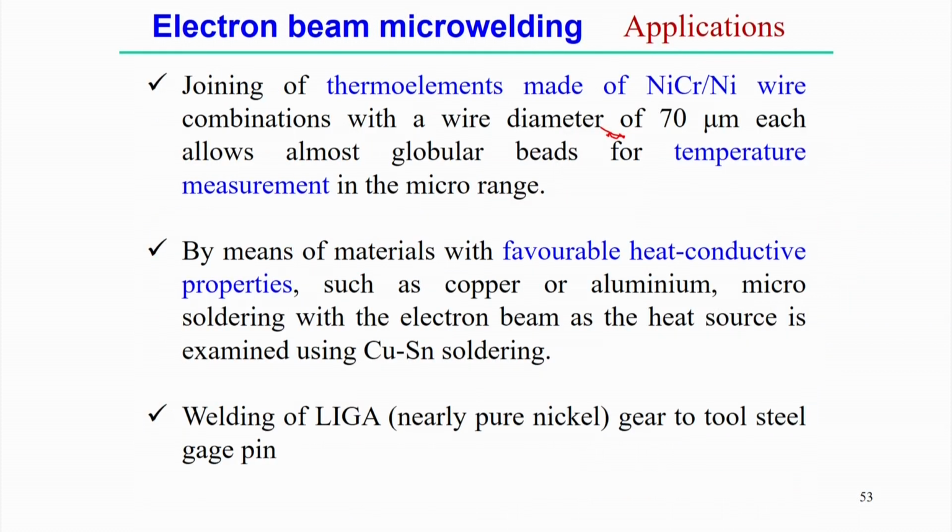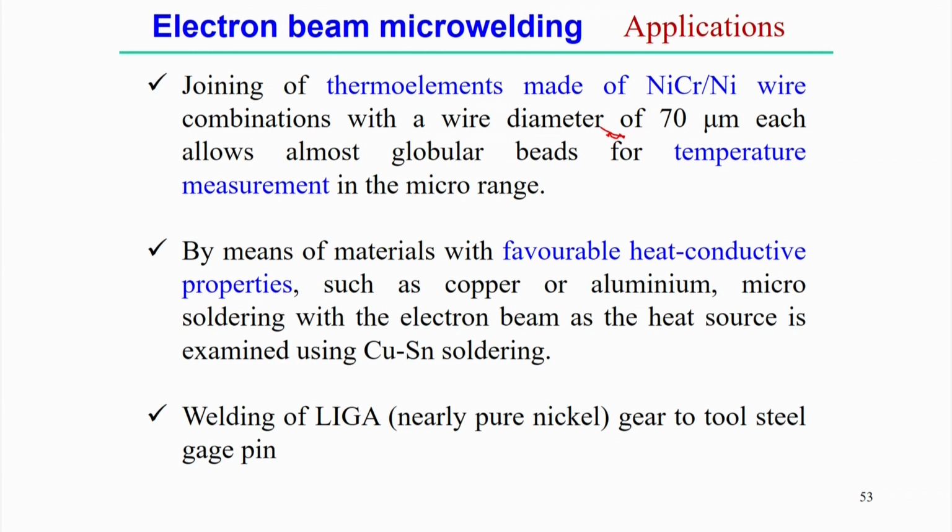So, what are the typical applications of electron beam welding? We found that it is used for joining thermoelements, basically made of nickel chromium or nickel wire of typical dimension, which can be used for temperature measurement. Materials with favorable heat conductive properties, such as copper and aluminum, can be processed using the micro beam welding process.